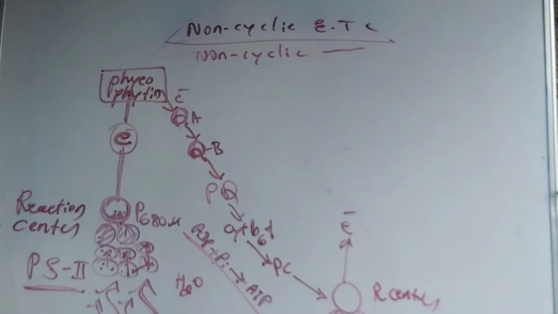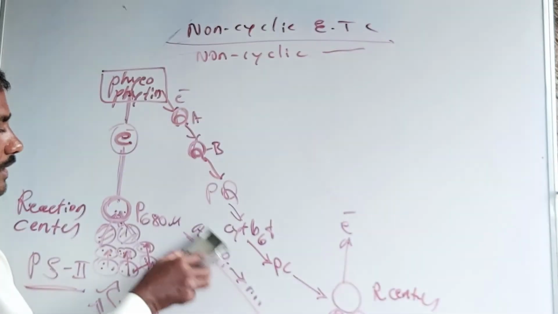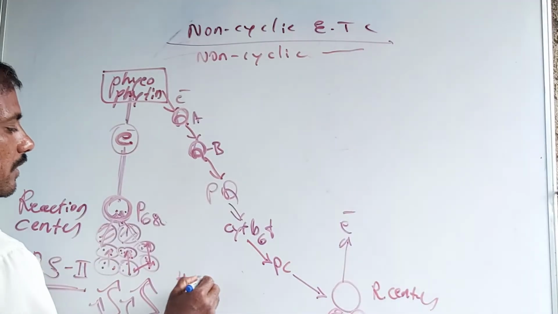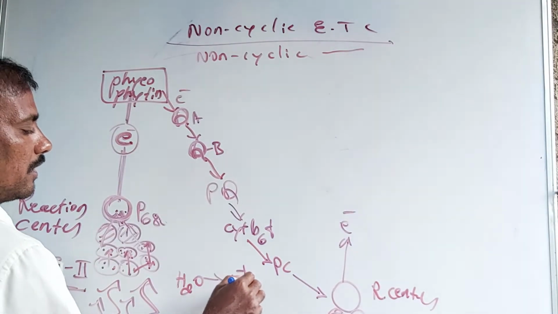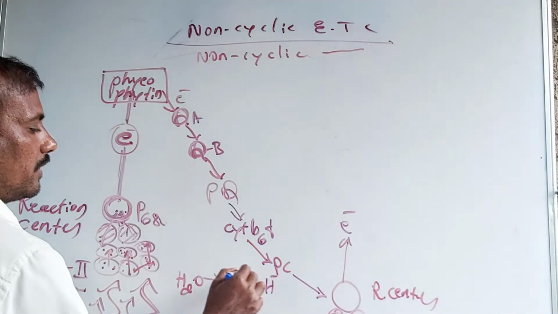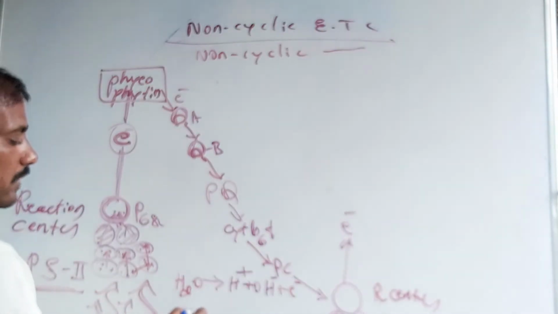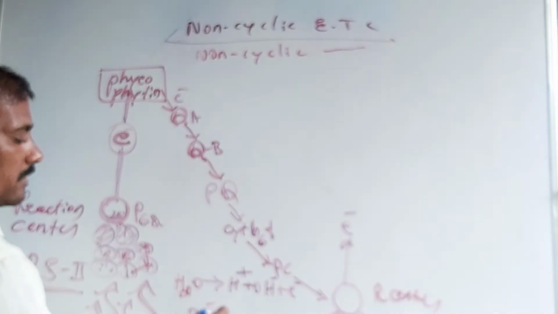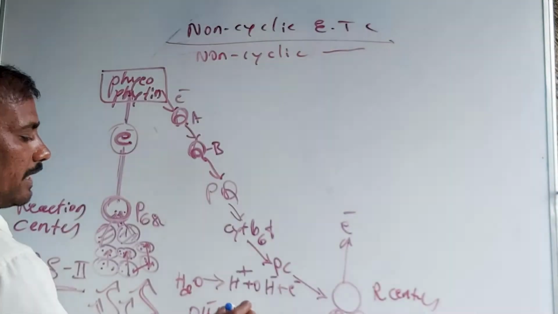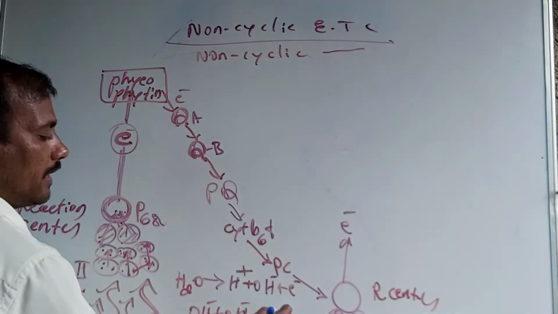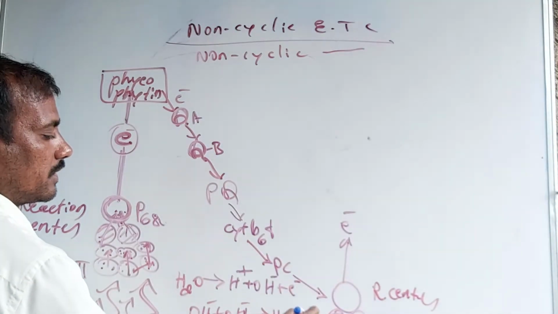This water splits into H plus and OH minus ions. Then OH minus ions and OH minus ions combine together to form water and also release oxygen.